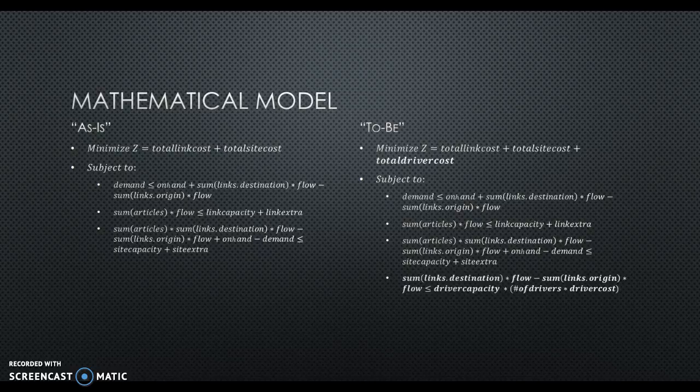So if I take cost times the flow plus my extra cost for if I have to add more, so it's called link extra cost, I'm not going to change that. I'm going to leave that as is. Multiply by my link extra just to have more excess on that link itself. So that's basically the idea of my total link cost.